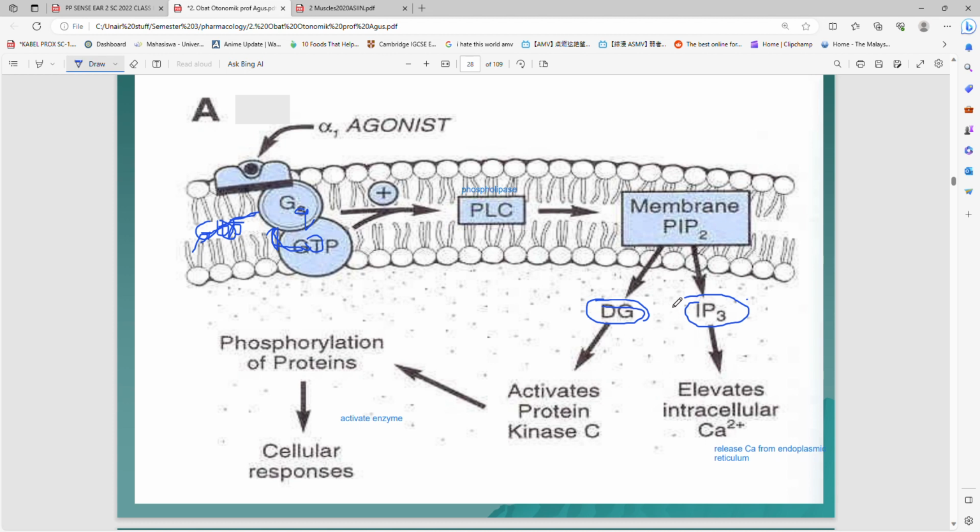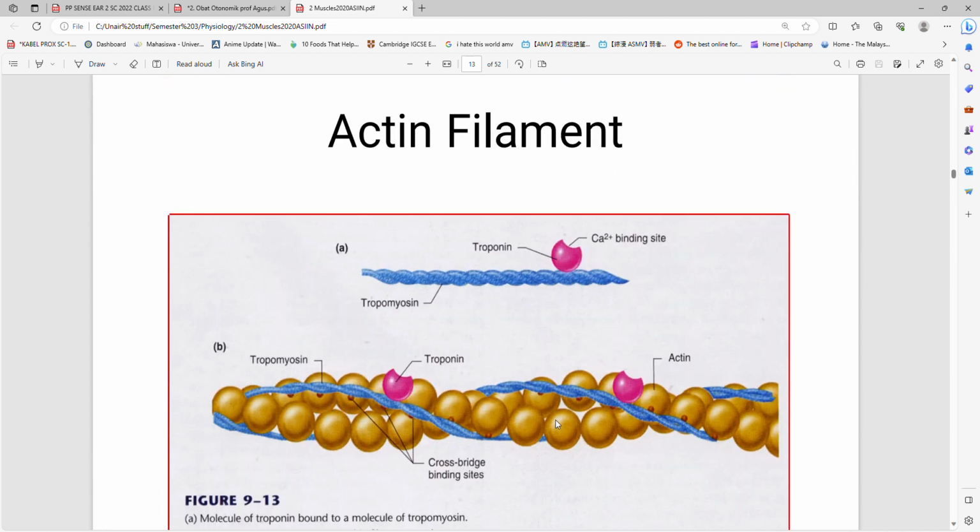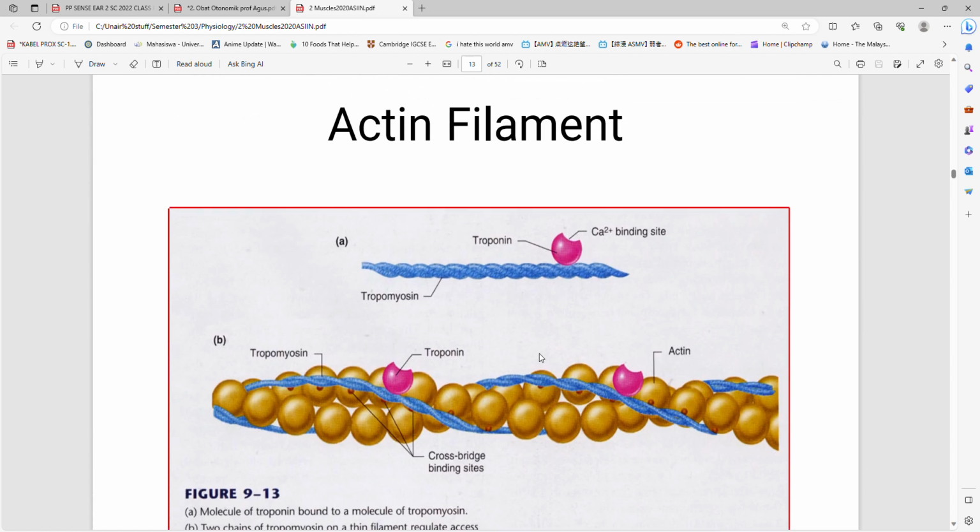The other molecule from the PIP2 is the IP3. What the IP3 does is it evades the intracellular calcium ions, releasing calcium from the sarcoplasmic reticulum of the muscle fiber. I'll show you what the calcium does to the muscle fiber. This is the actin filament found in the muscle fibers. The actin consists of several molecules: the yellow one is the actin, the blue one is the tropomyosin, and the pink one is the troponin.